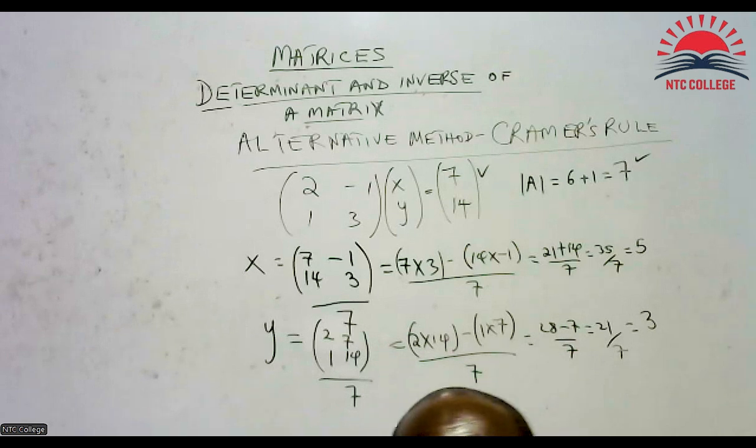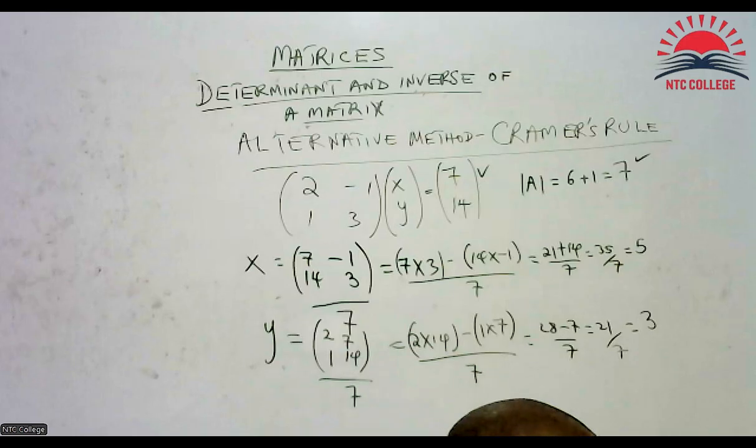But when the question is about using matrices, please don't eliminate. I know we started from the elimination method. Don't eliminate. If you use the elimination method, you will not be answering the problem, where the question is use matrices. So in matrices, we can either use the inverse method or the Cramer's rule method.